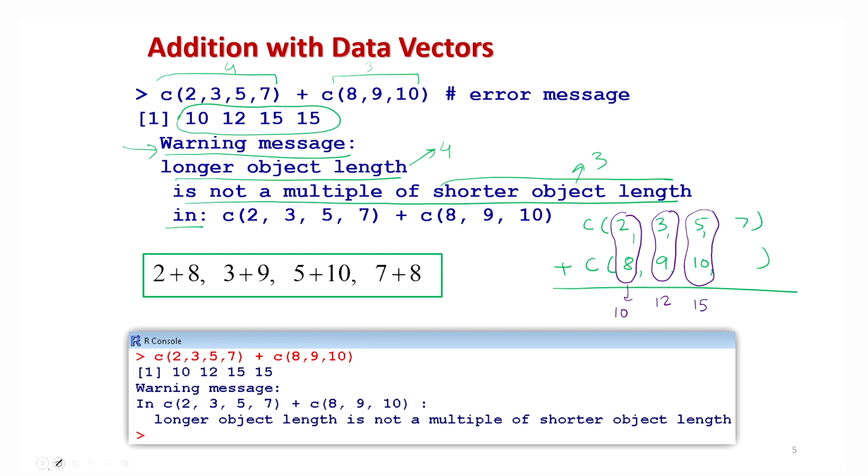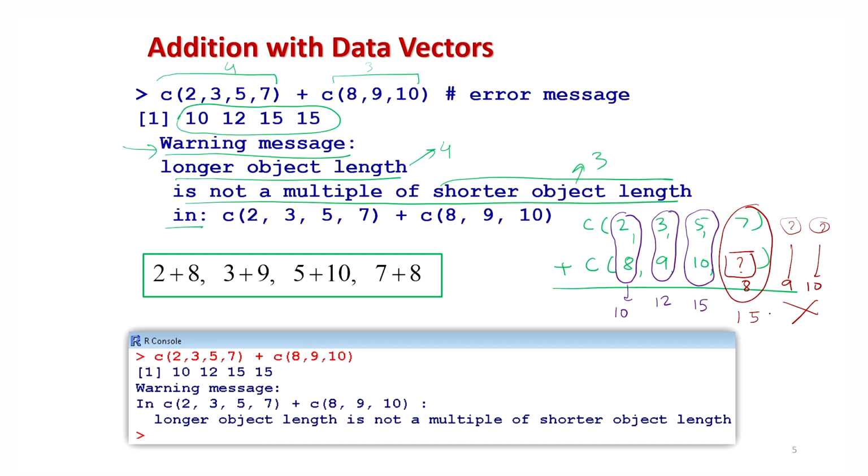Now after that, when it moves further, there is no number here. Once again R gets confused, and so what it does is it repeats the same numbers again, 8, 9 and 10. So 7 and 8 get added here and it comes out to be 15, but now there is no number in the first data vector where 9 and 10 can be added, so this is not executed.